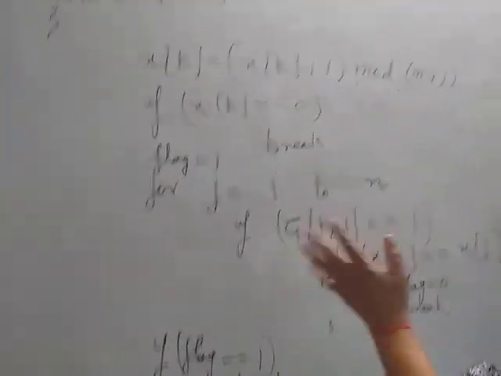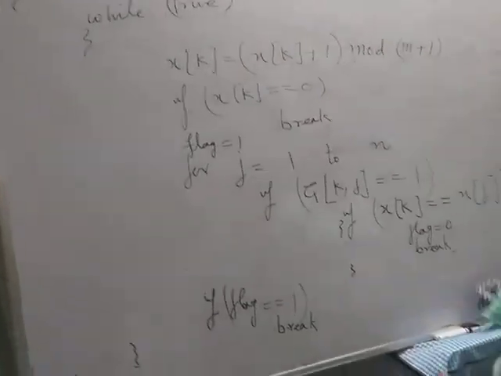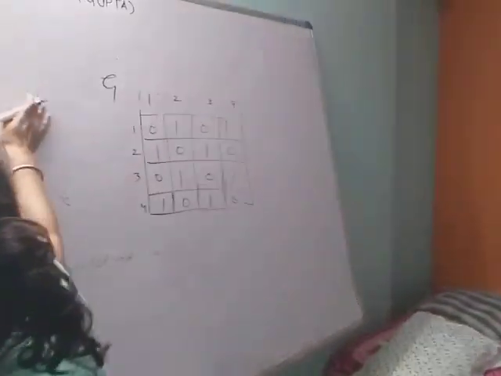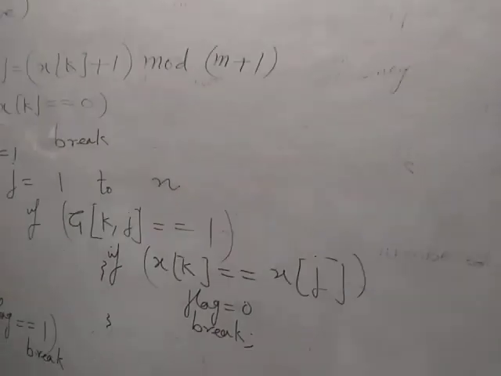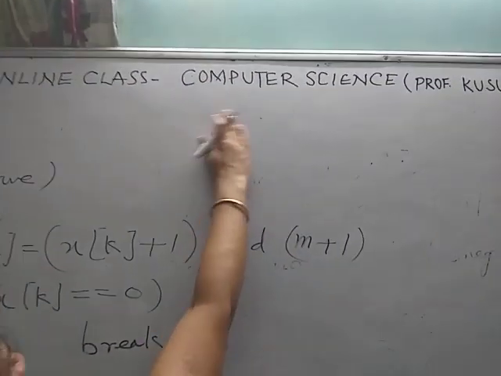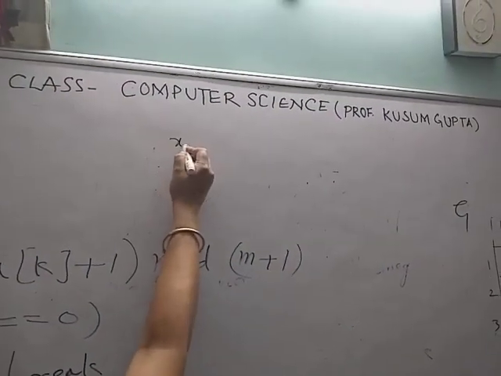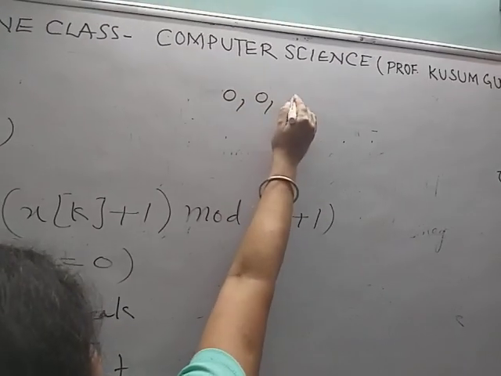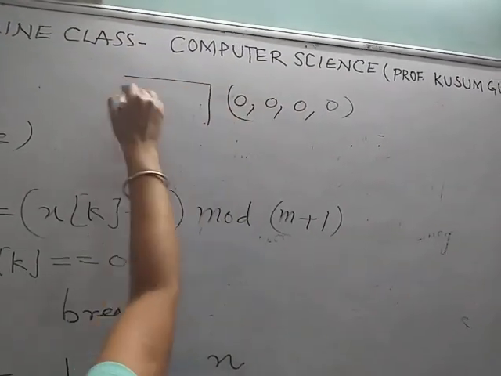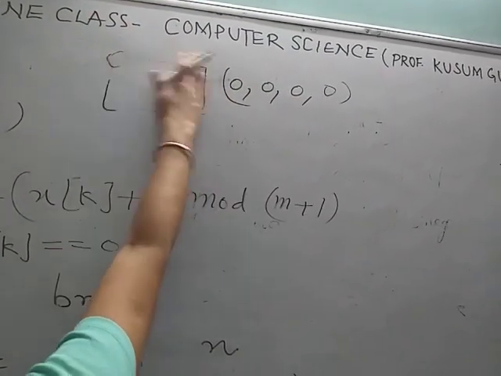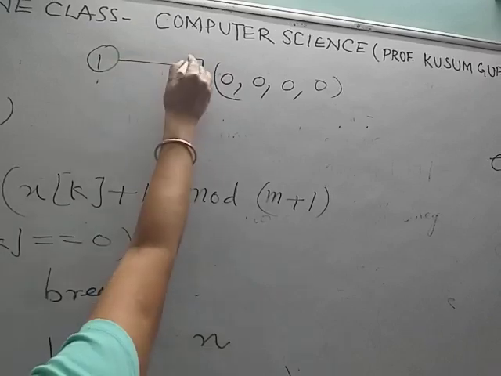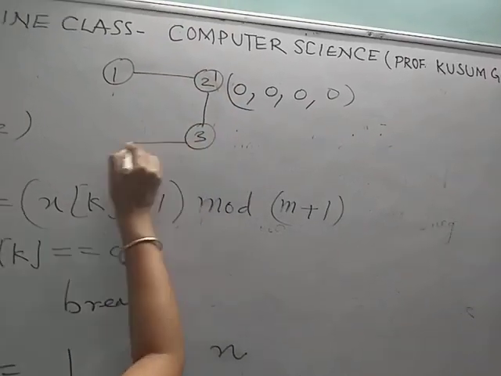I will dry run it on the graph. Okay, see, this is the graph where the adjacency matrix is stored, and before calling this function, the solution vector x is initialized with 0, like 0, 0, 0, 0. Here I am taking the same graph as before, with vertices 1, 2, 3, 4.